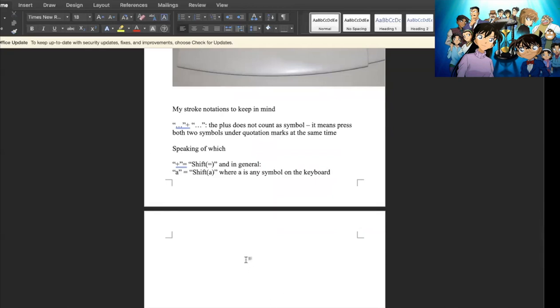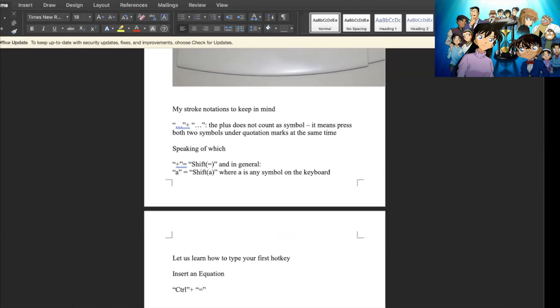So with that started, let's go right into our first lesson. Let us learn how to type your first hotkey. This particular hotkey will be insert an equation. The symbols you'll need to type are the control and the equal sign.